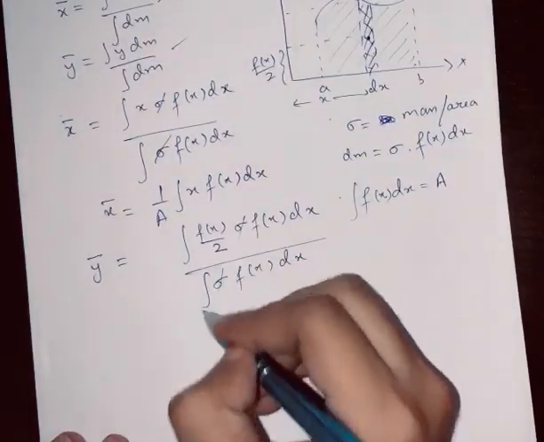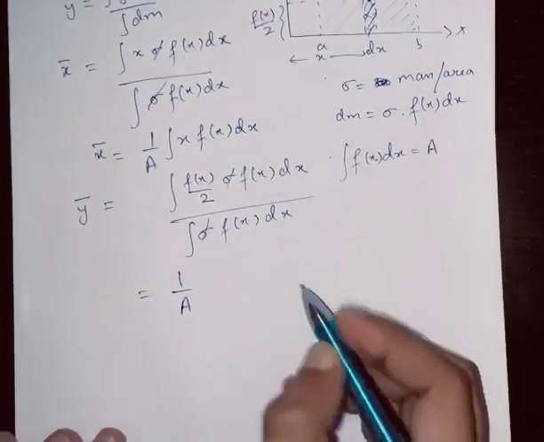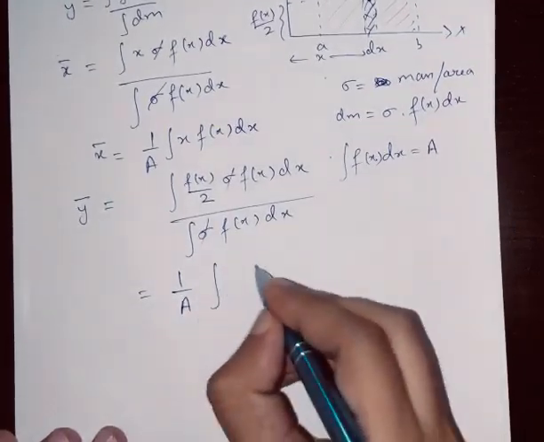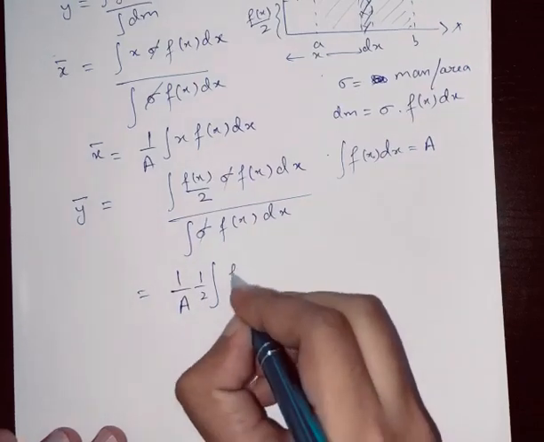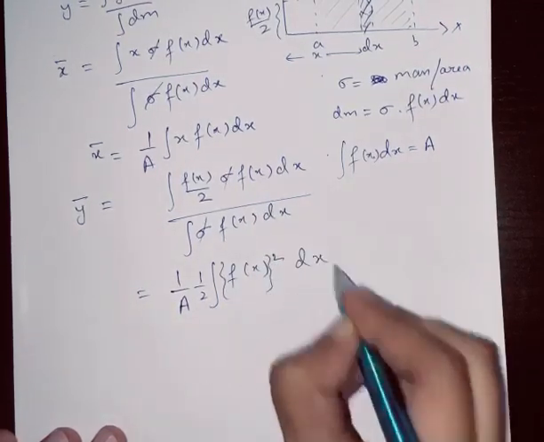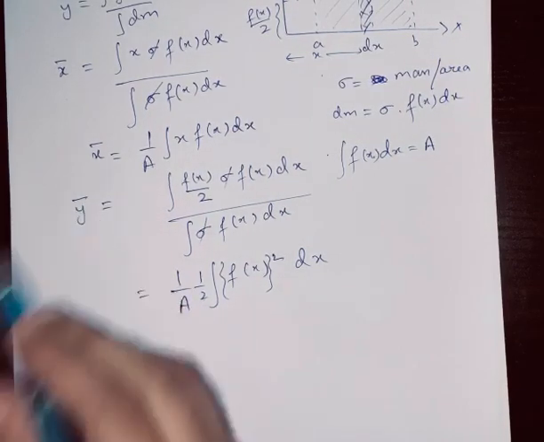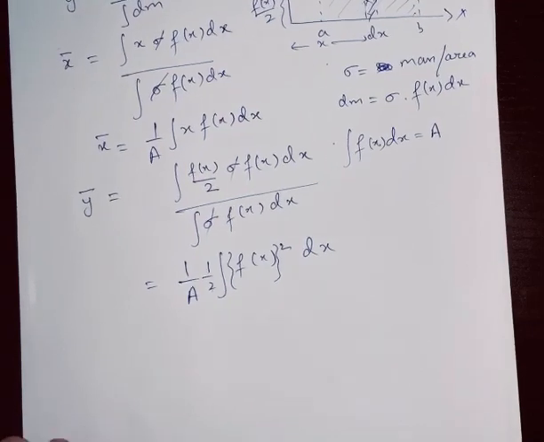Similarly, sigma gets cancelled out, and in the denominator you have the surface area, and in the numerator you have half f(x) square dx. Just remember there must be a half when you are determining the y coordinate of the center of mass.